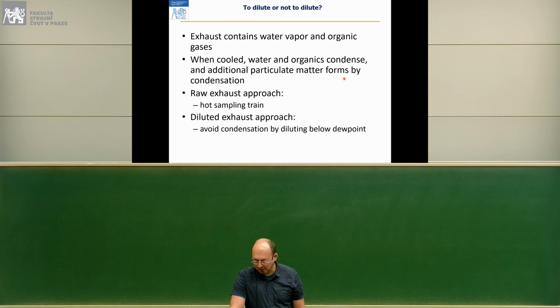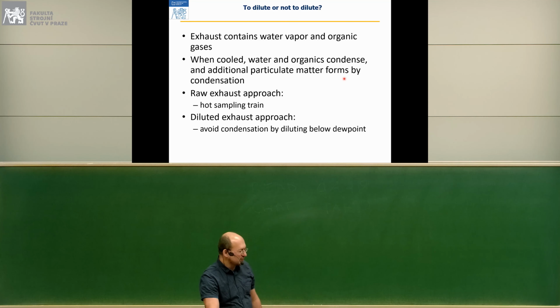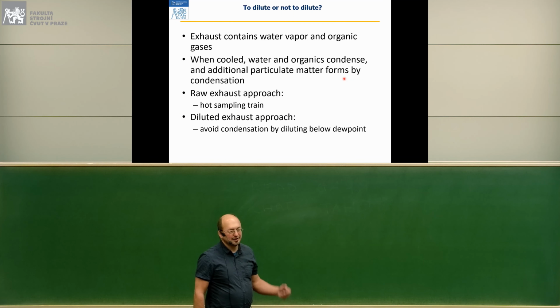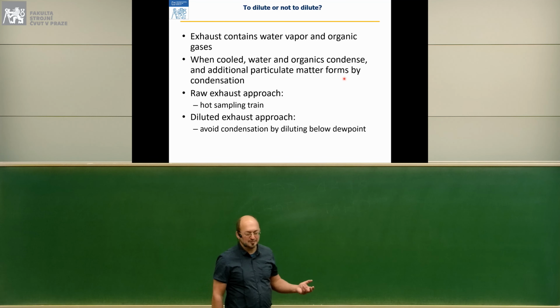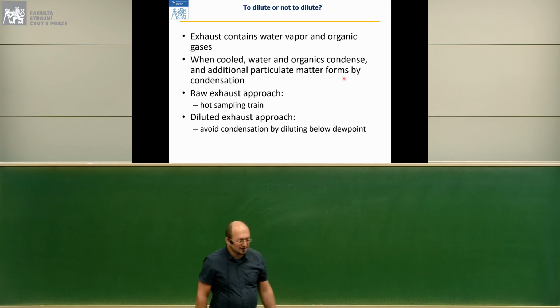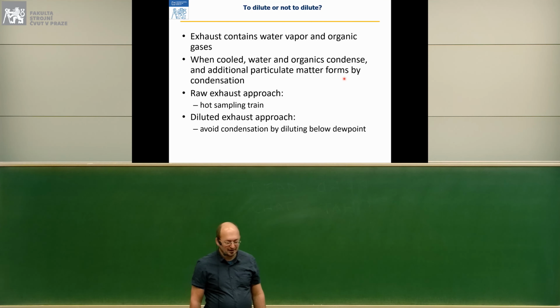So one approach is to determine emissions in each second of measurement, determine the flow, determine the composition of the exhaust, synchronize the two data streams, and then integrate over the time.